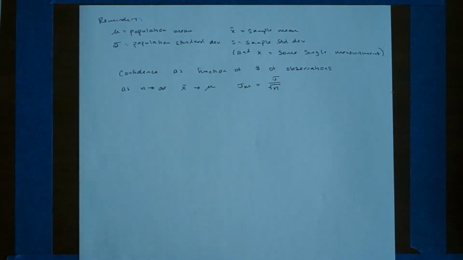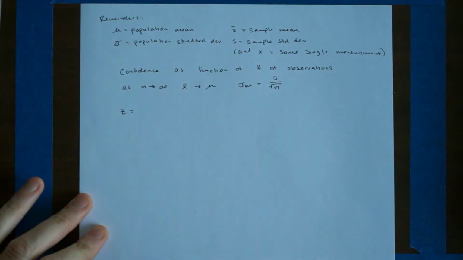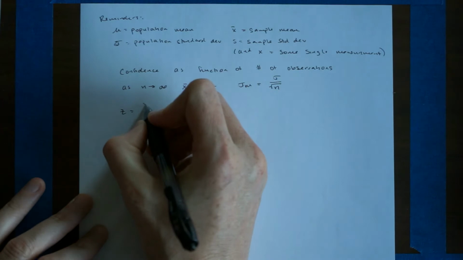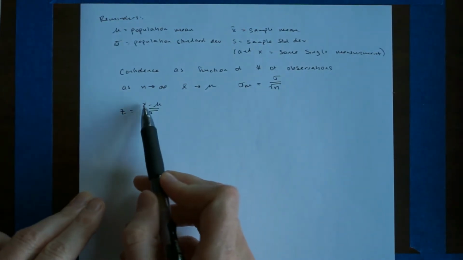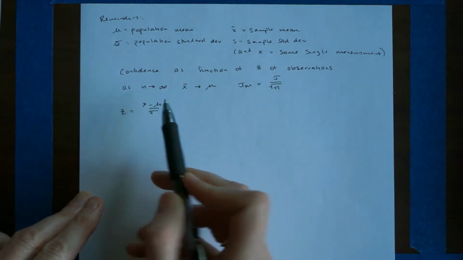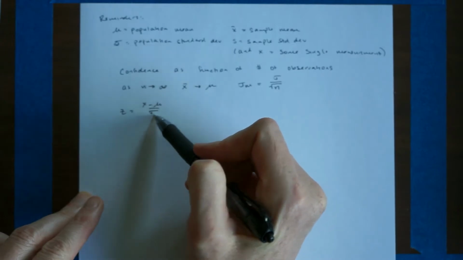So we've been using this statistic called z to talk about how far we are from the mean. And we define that as x minus mu over sigma. So that is the distance of any one observation from the population mean as a fraction of sigma.